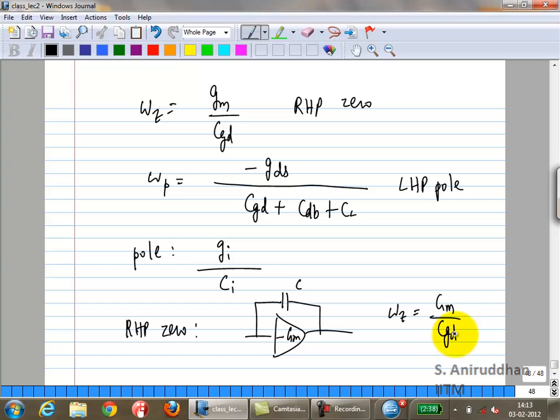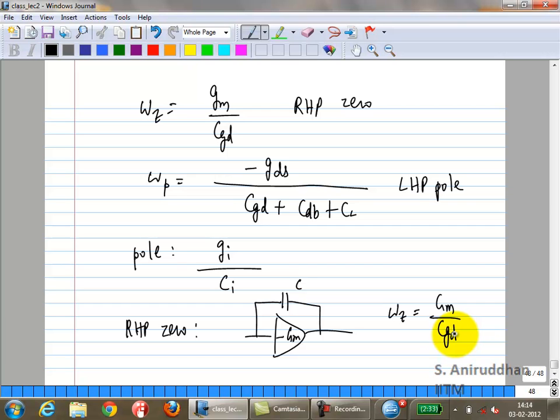This is true in general. So you basically have an input output path which is the capacitance, and if that effective transconductance is Gm, in this case it's negative, minus Gm, you get a right half plane 0.